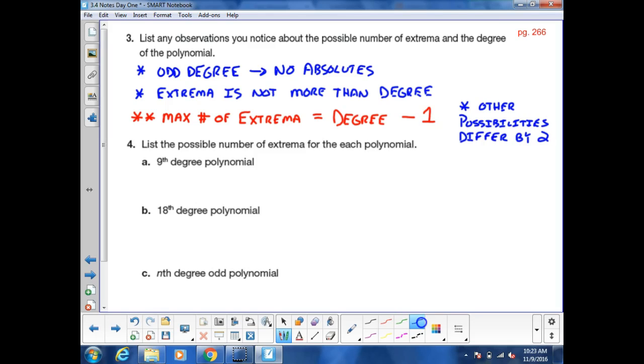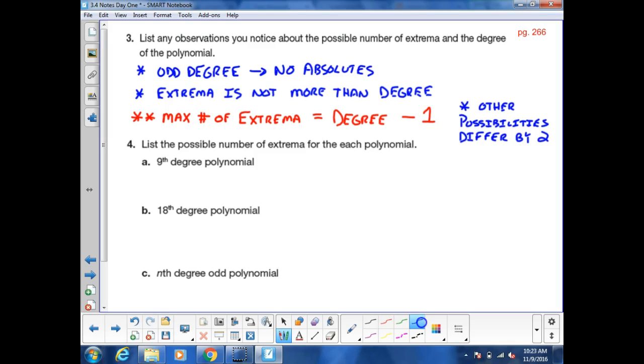Okay? So from whatever your degree is minus 1, then you subtract 2 and that's a possibility, then you subtract 2 and that's a possibility, all the way down until you get down to 1 or 0, because you can't have negative extrema.